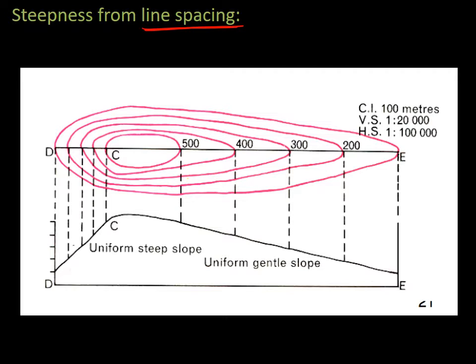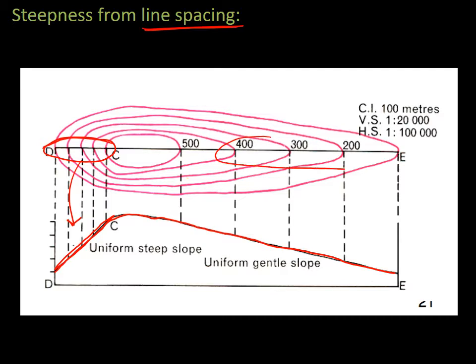Notice on this hypothetical landscape here, we have a steep slope on the left-hand side, and it flattens out, and then it slopes down to the right, but not as steep. The corresponding contour map is shown here above, and notice how where the lines are close together, like here, that corresponds to a steep slope.